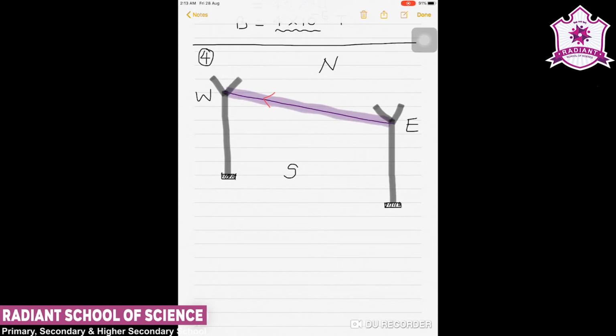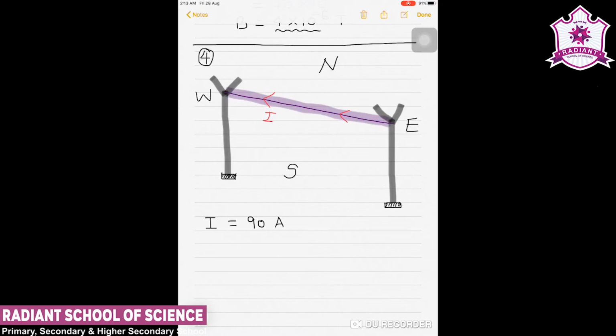So a horizontal overhead power line carries a current of 90 ampere from east to west, so I is flowing from east to west, and the value of the current, I, is 90 ampere.